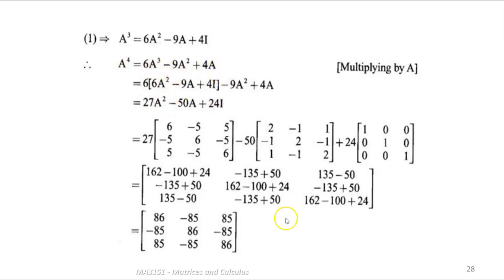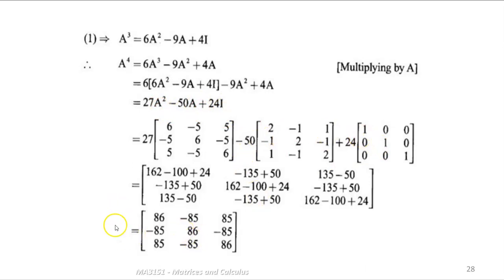In this you substitute all the matrix values, because A cube we already calculated, A square we have, and the A value we have. Since the A cube answer is 6A square minus 9A plus 4I, you substitute it here. Then simplify the equation, and we get 27A square minus 50A plus 24I, in which you substitute A square, A and the identity matrix.